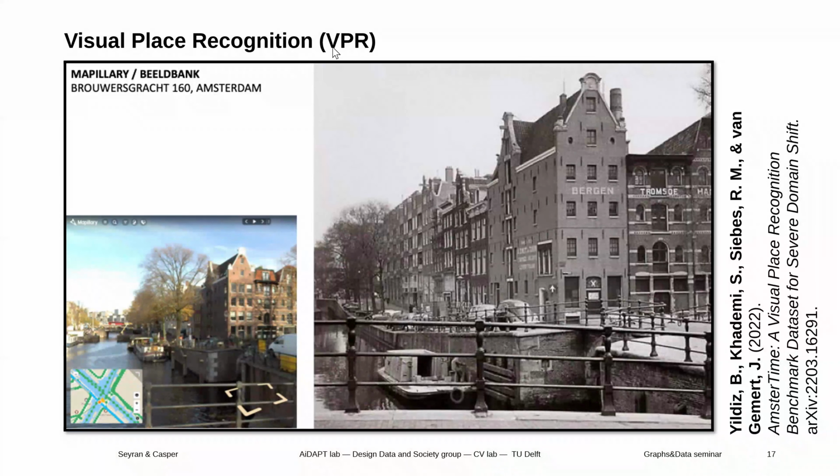This was a crowdsourcing project where we had a platform and we would pay annotators, mostly Amsterdammers, who, given that image, could go to the map and find the current view of that location. Then we would check and verify it, and this is a pair that the computer is going to learn from. So that's a benchmark that can be used for training and testing visual place recognition models.